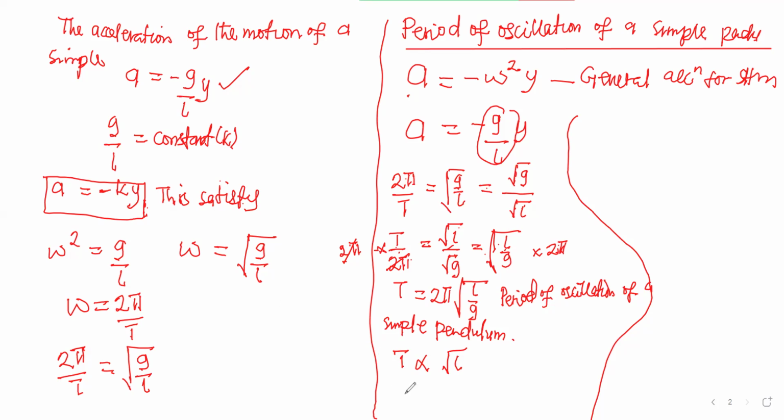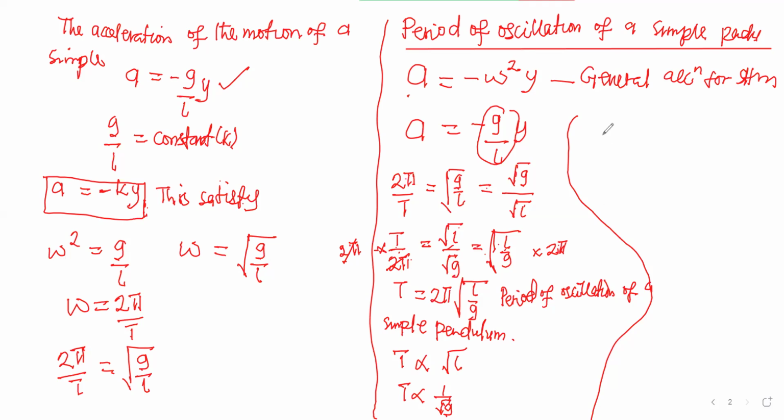And the period T is inversely proportional to the square root of g. But on the surface of the earth, that will not affect us, because on the surface of the earth, g is constant.